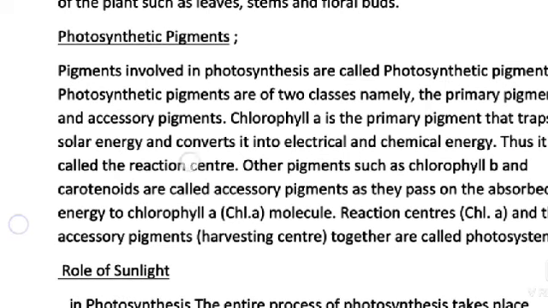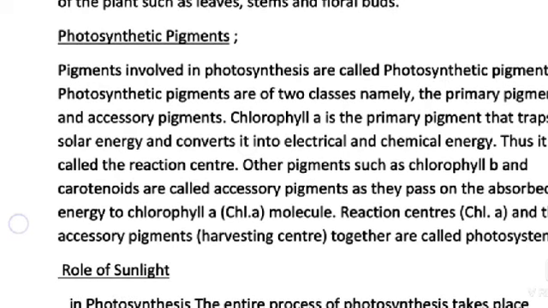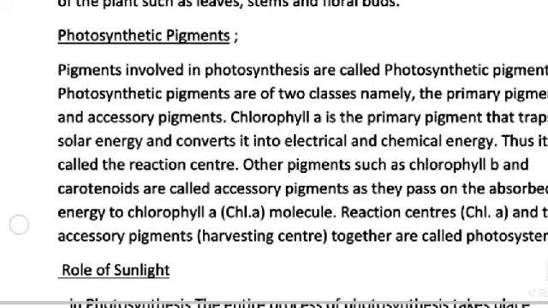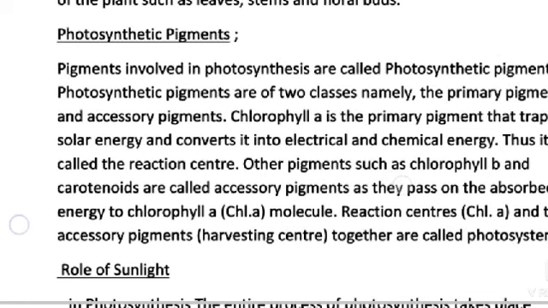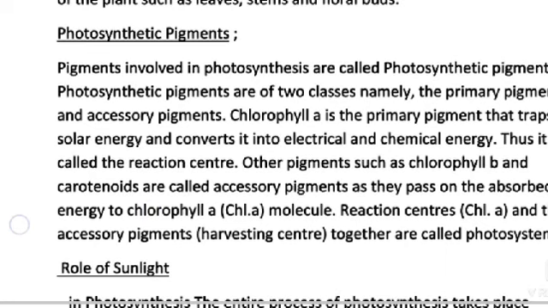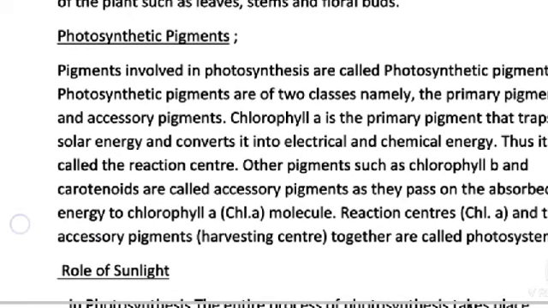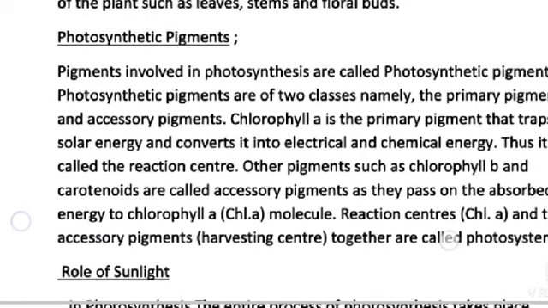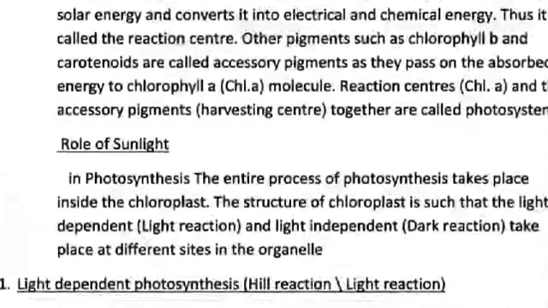Thus, it is called the reaction center. Other pigments such as chlorophyll b and carotenoids are called accessory pigments as they pass the absorbed energy to chlorophyll a molecule. Reaction center chlorophyll a and the accessory pigments, the light harvesting center, together are called photosystems.